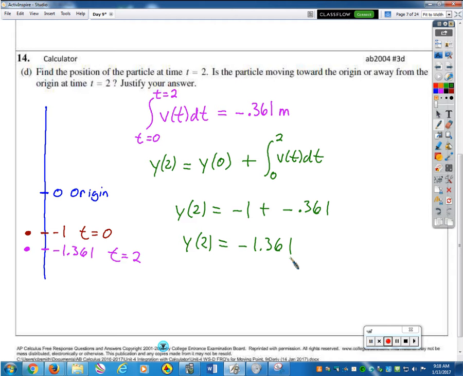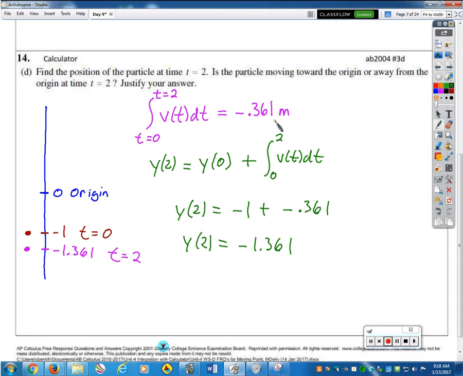You asked that perfectly. Are you comfortable with the idea that when we integrate velocity, we find a change in position? Okay, so you're good there. So the struggle is probably just understanding what we really mean by change in position. Think of it this way.